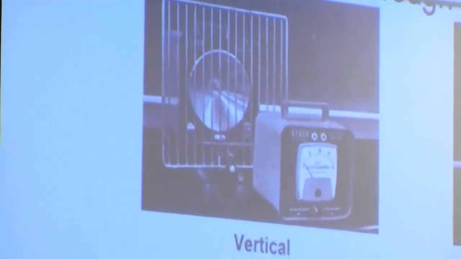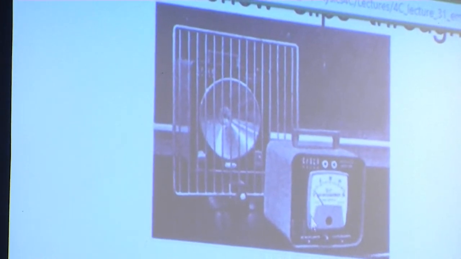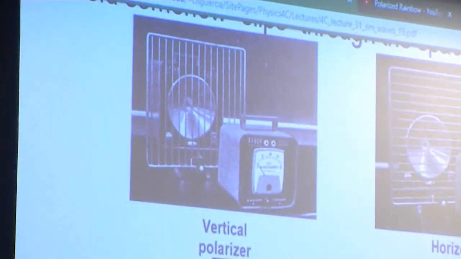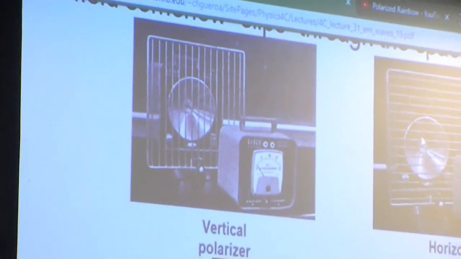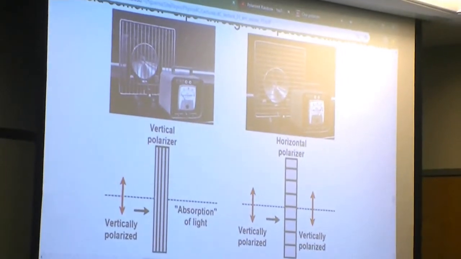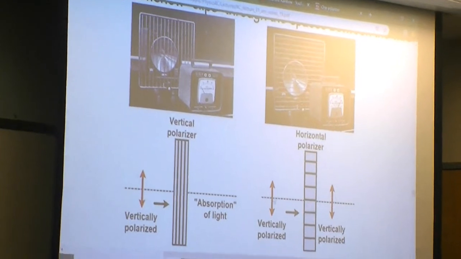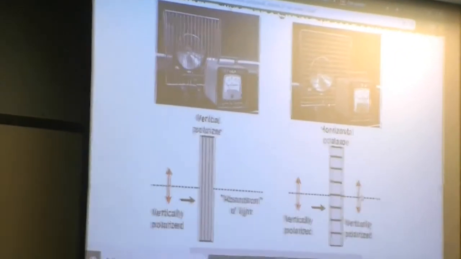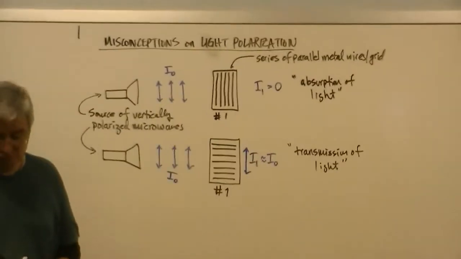If I put this vertically right here, the intensity is 0 right there, so vertical light coming through gets absorbed. Whereas if I turn it horizontal, it's at maximum intensity, so the light coming in is the light coming out. This is what actually happens with electromagnetic waves.